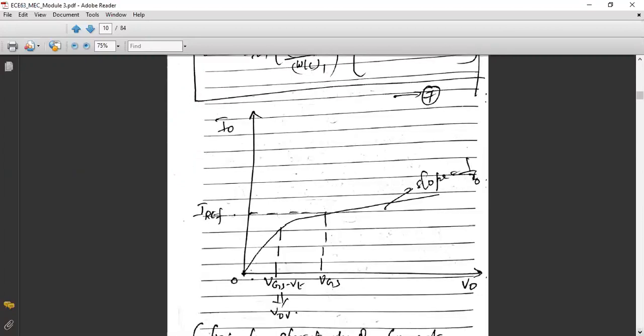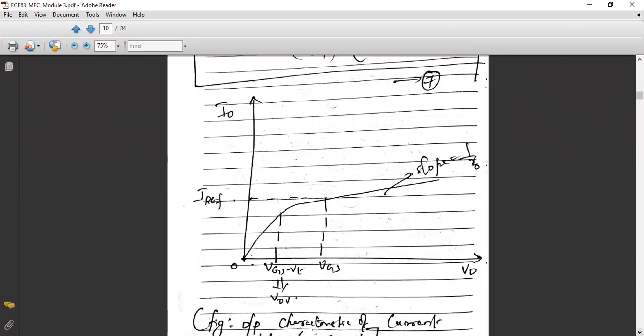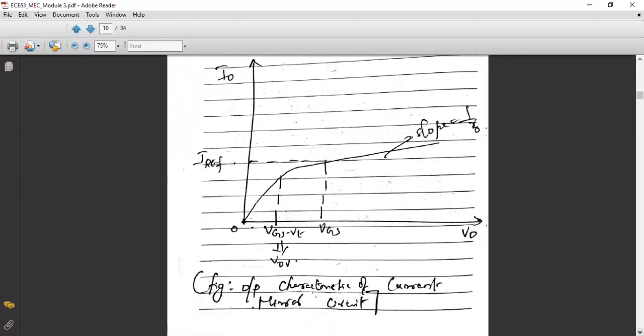As you can see here, this is the graphical representation that shows the effect on output current. Initially the current is very less, and gradually when V0 increases, the current also increases. Whenever this output voltage becomes equal to VOV, that is the overdrive voltage, you will have a saturation current.